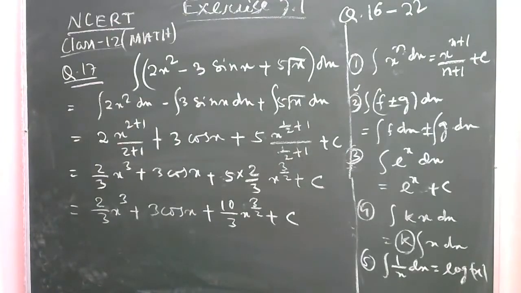Clear? Or any issue? Is it okay? This is question number 17: 2 upon 3 x cubed plus 3 cos x plus 10 upon 3 x to the power 3 by 2 plus c.